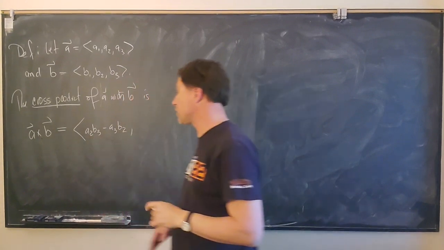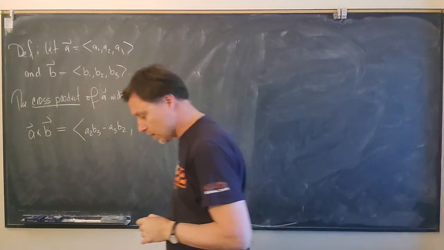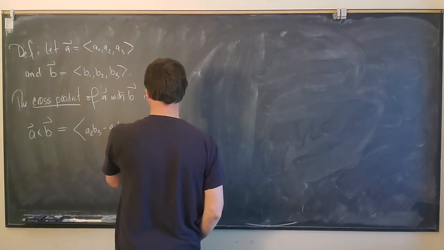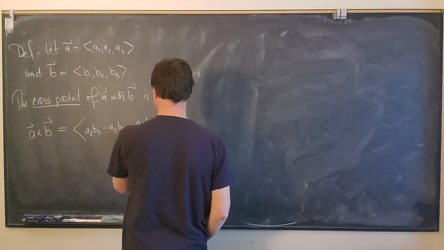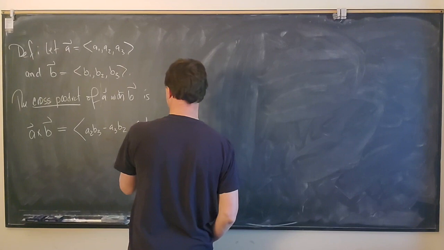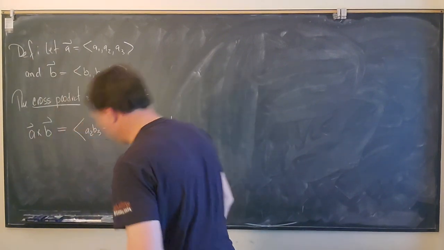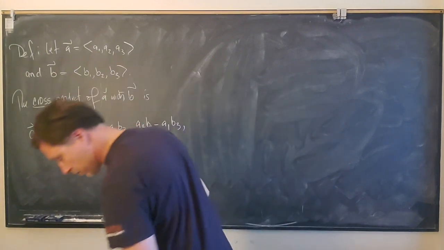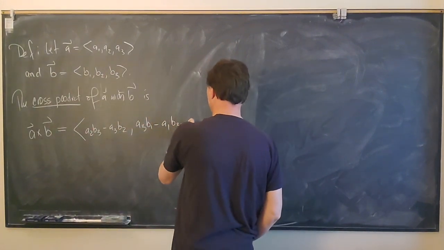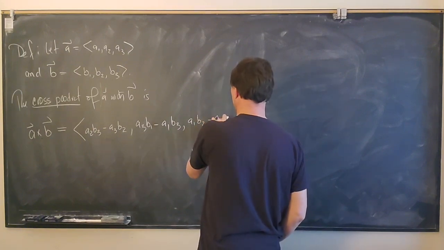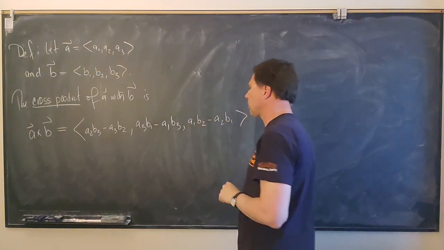That's the first entry, the first component of a vector. The next one is going to be A3 B1 minus A1 B3. And then the last entry is going to be A1 B2 minus A2 B1.